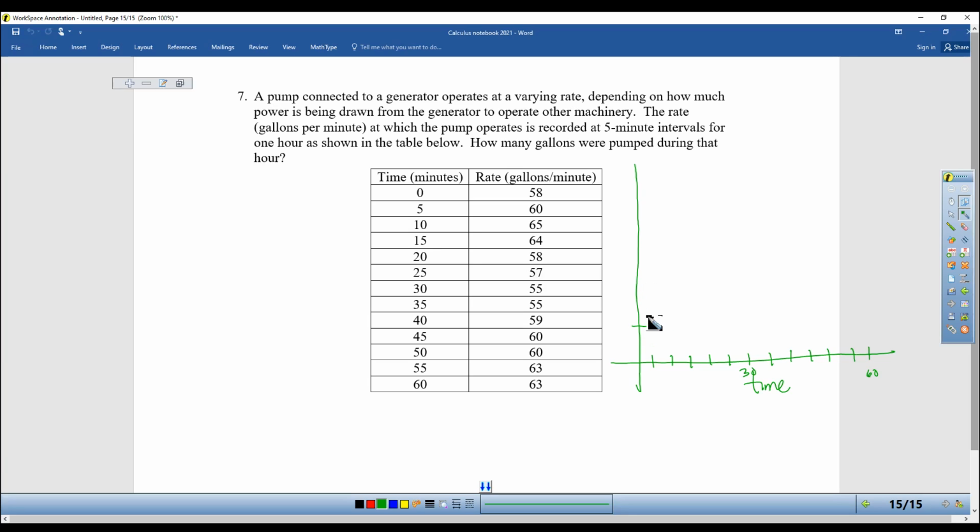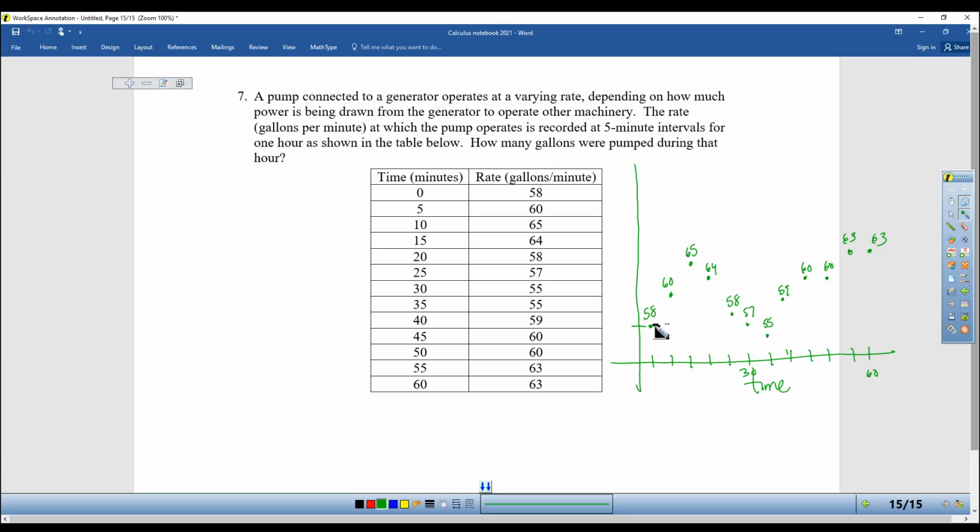I'm just going to say 58, and then 60, and then 65, and then 64. It's really important to me that you do not spend too much time on these graphs. You're just trying to make them approximately correct. 55, 59, 60, stays at 60, 63, and then 63.